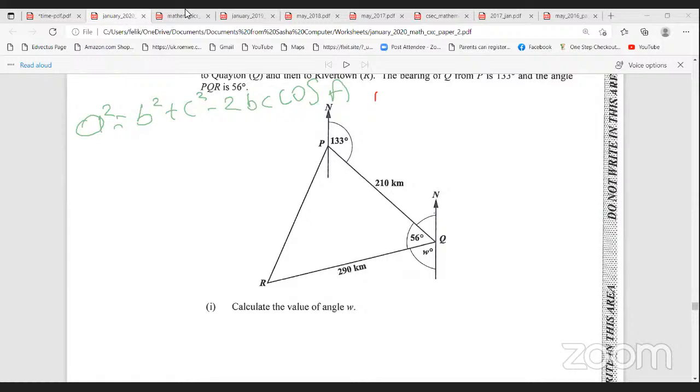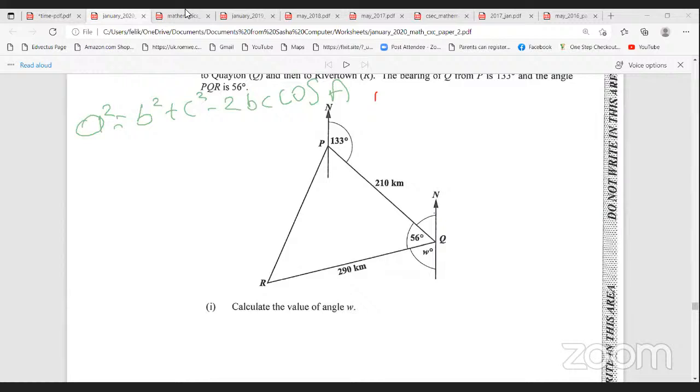Is this correct so far, Dejan? Yeah, the formula is right. The only problem I have is I can't read where is A squared, B squared, and C squared. That's my problem.